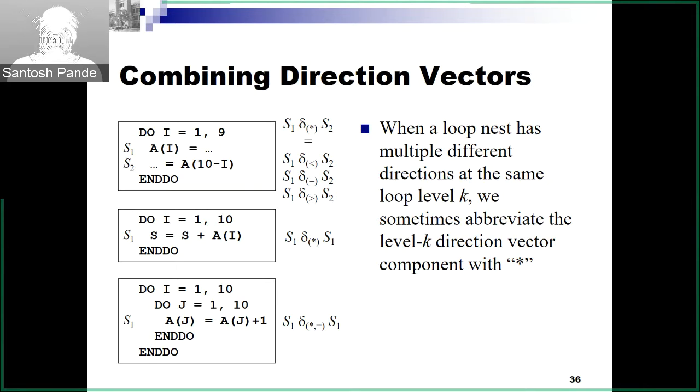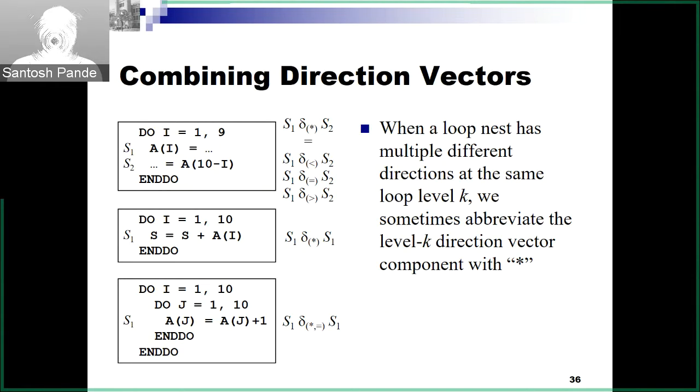But then we also have flow dependence, or a true dependence, across iterations. That is, that value of S is being used in the next iteration, and that is a less than. So we have two kinds of dependencies here. One is equal to, which is anti, and which is less than, which is flow. And that's why that is shown as star.